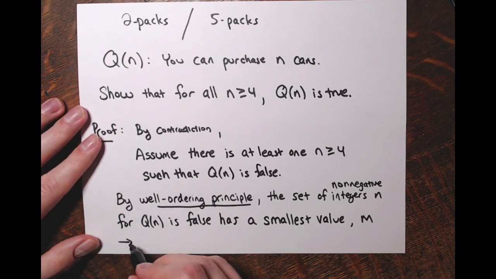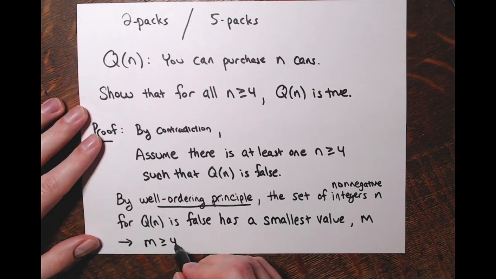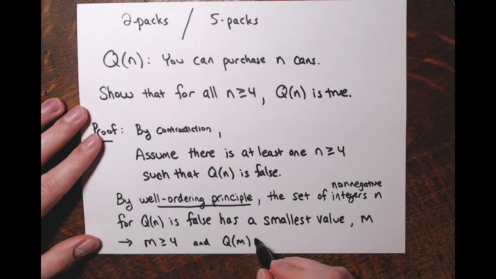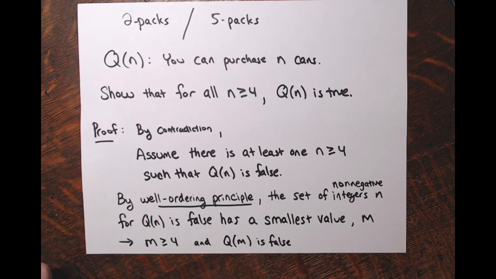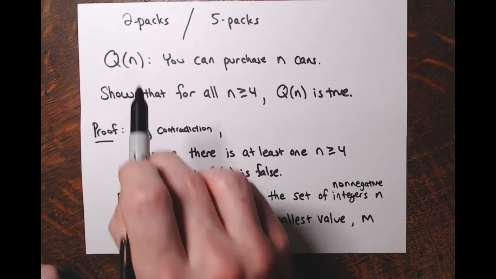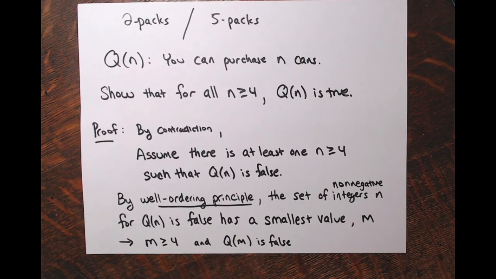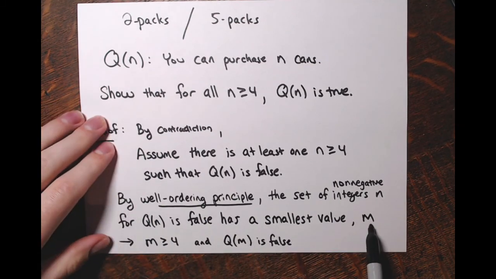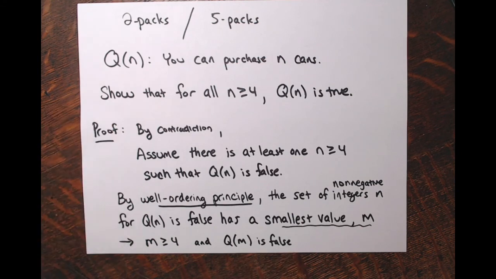So again, m is some value greater than or equal to 4, and Q of m is false. You can't buy m cans using 2 packs and 5 packs. And m is the smallest value for which this happens. So if there's any value less than m that's greater than or equal to 4, the statement will be true.